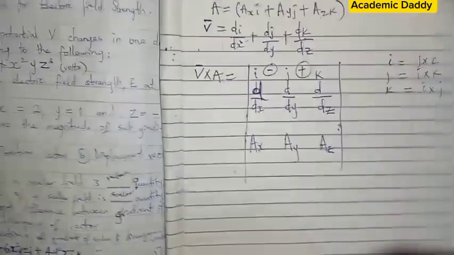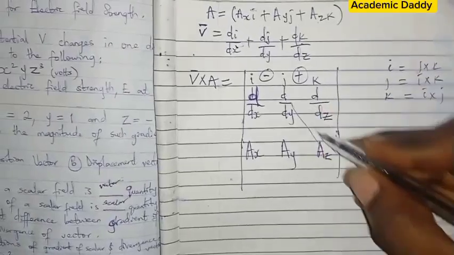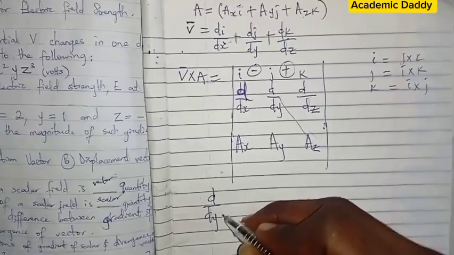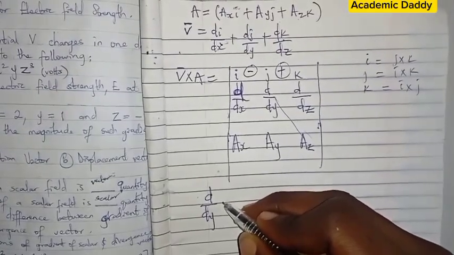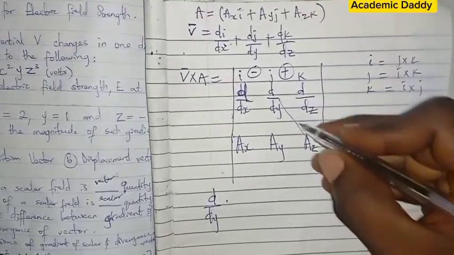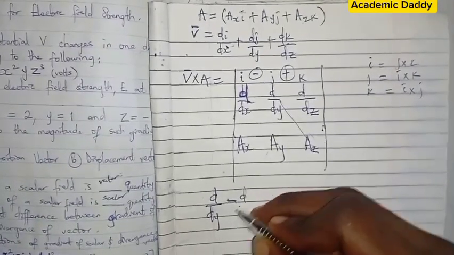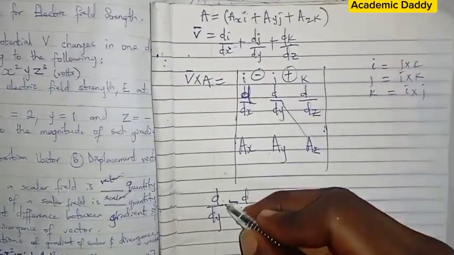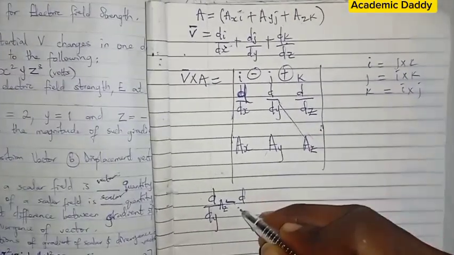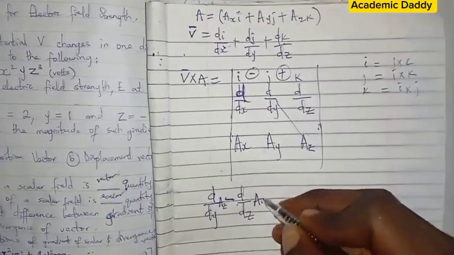To get i now, I'll do left times right, so d over dy times AZ, minus d over dz times AY.